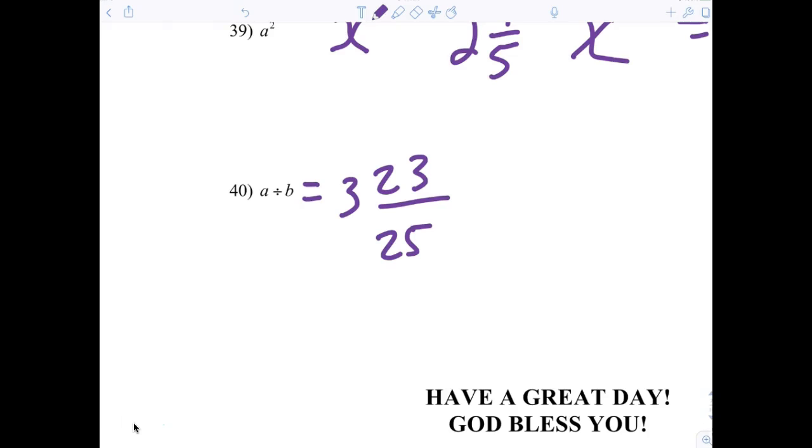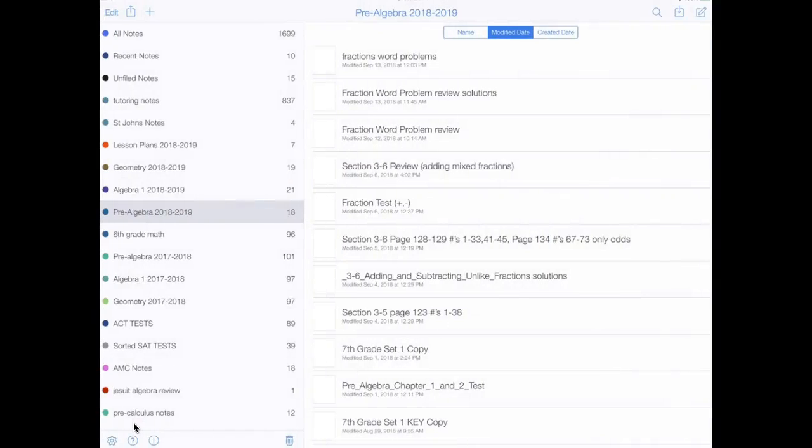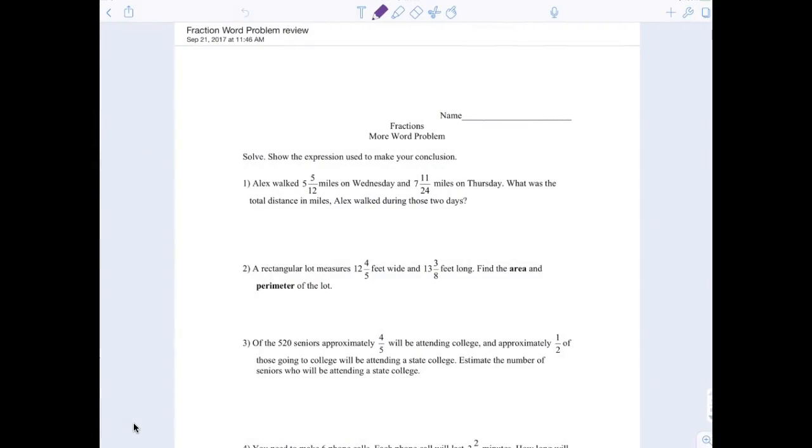Okay, now, again, here is the next step, guys. I want you now to flip over to the fraction word problem review. It's on your classroom. Download it real quick and then get started on it.